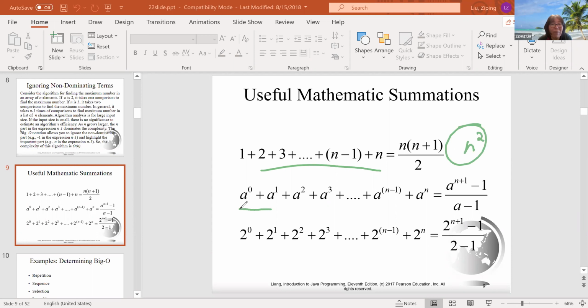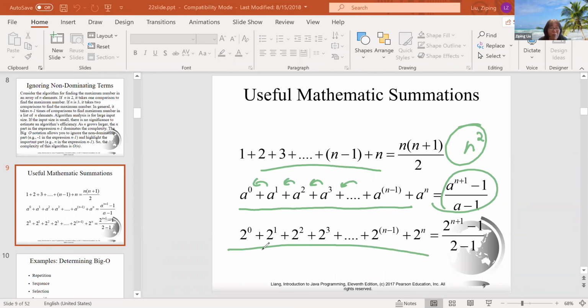And we also have this kind of sequence, where it's always multiplicative. In math, you learn that it's a to the n plus 1 minus 1, divided by a minus 1, and we use this a lot.